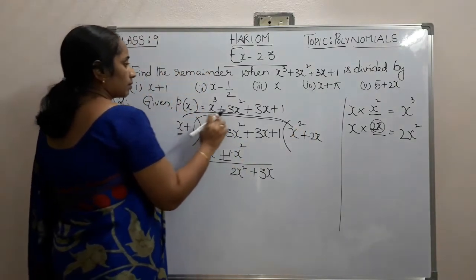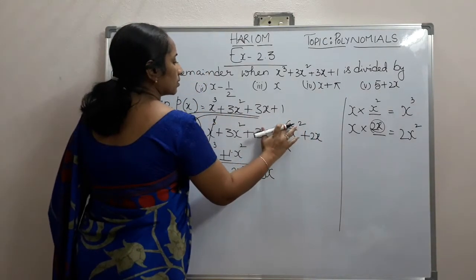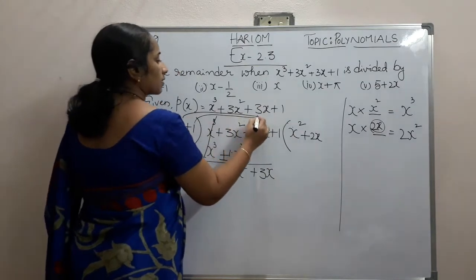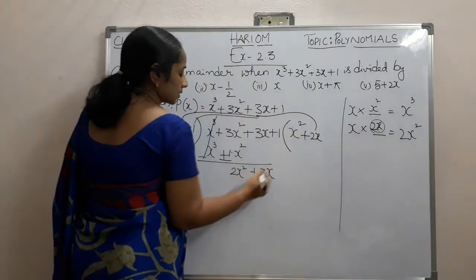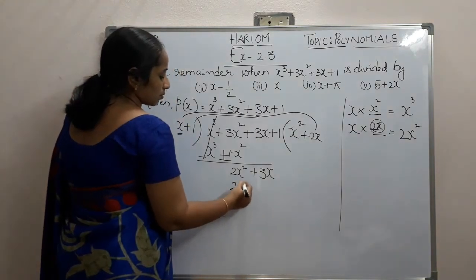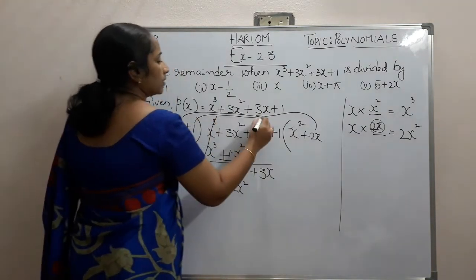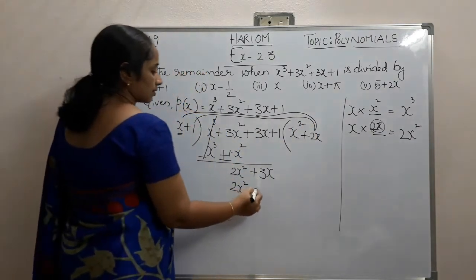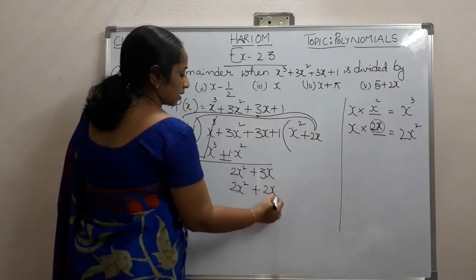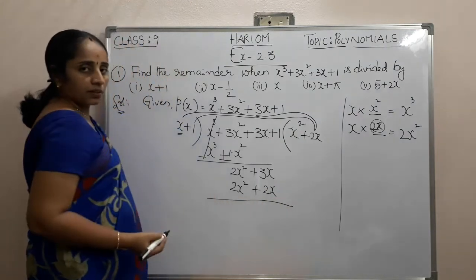Now multiply that 2x with the divisor: x into 2x is 2x square, and 1 into 2x is 2x.